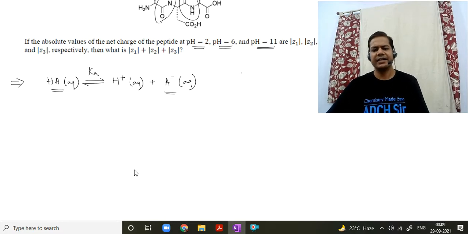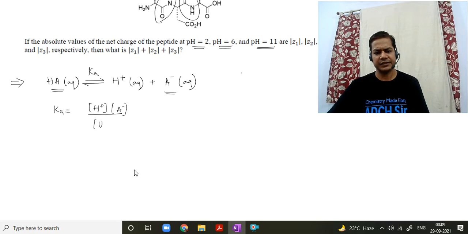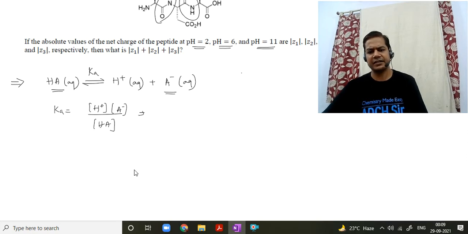We can write the expression Ka equal to H plus into A minus upon HA, and from here we'll get pH equal to pKa plus log of concentration of A minus upon concentration of HA.